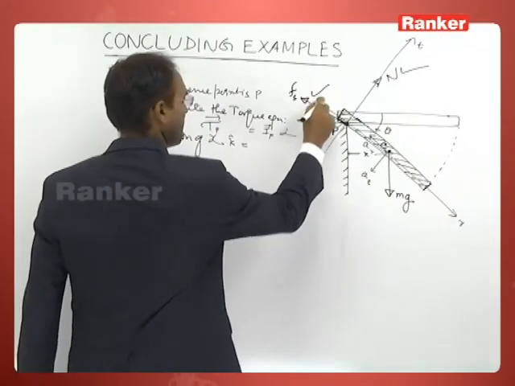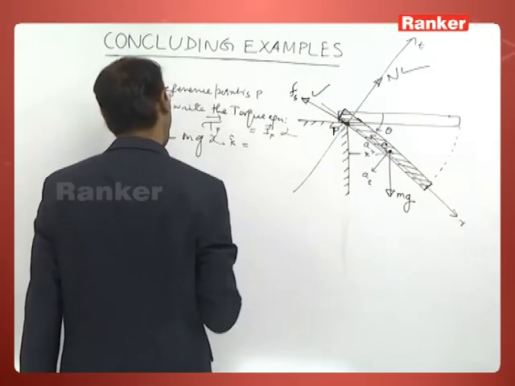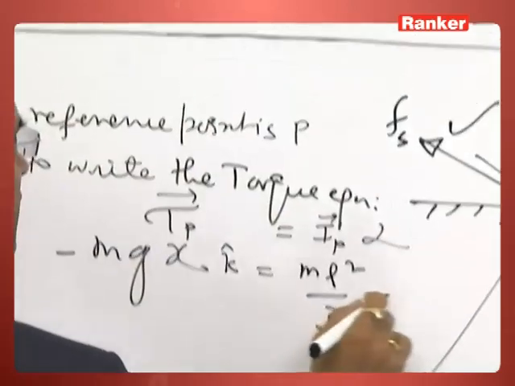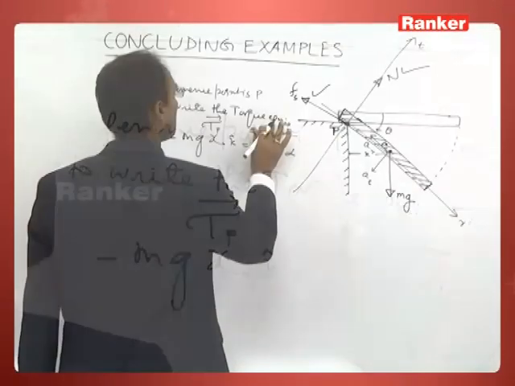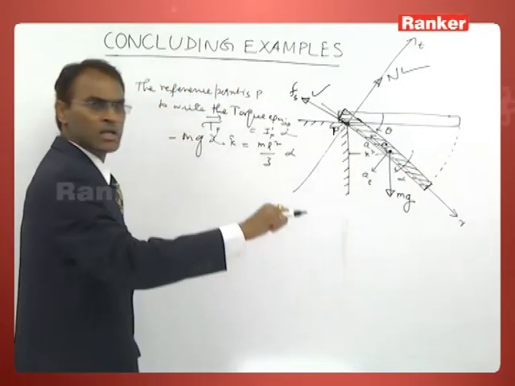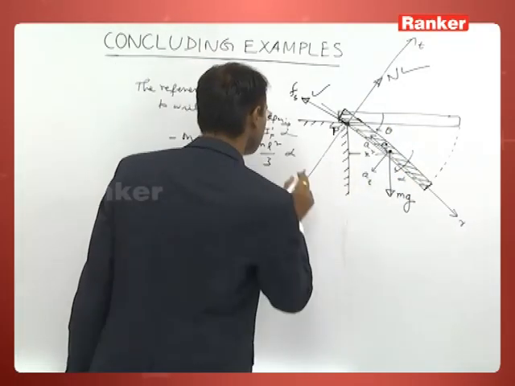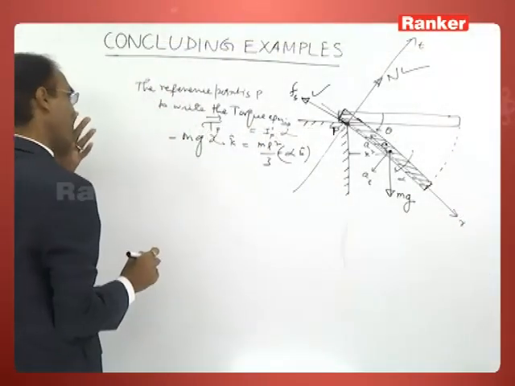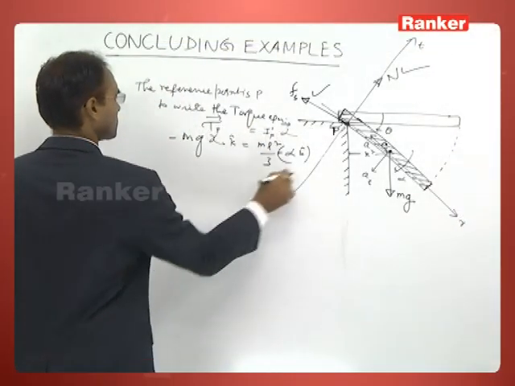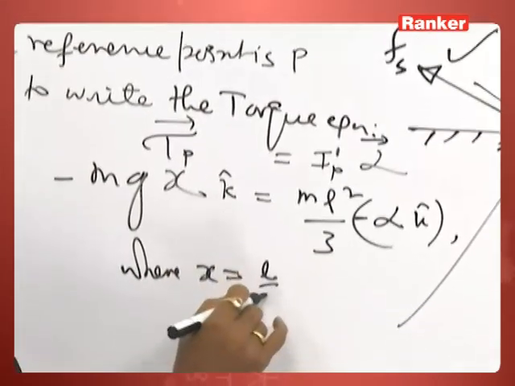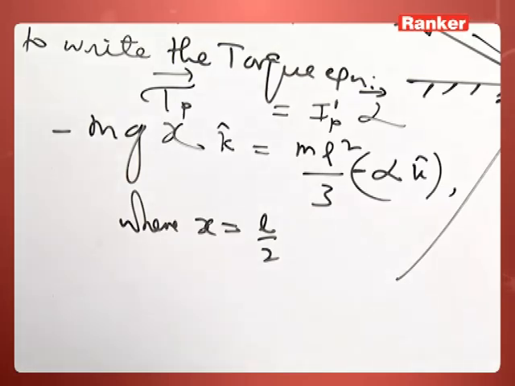About this point, the rod has moment of inertia mL square by 3. The alpha I have taken in anti-clockwise manner, minus kf into alpha. This gives us, where x is equal to L by 2 cos theta.